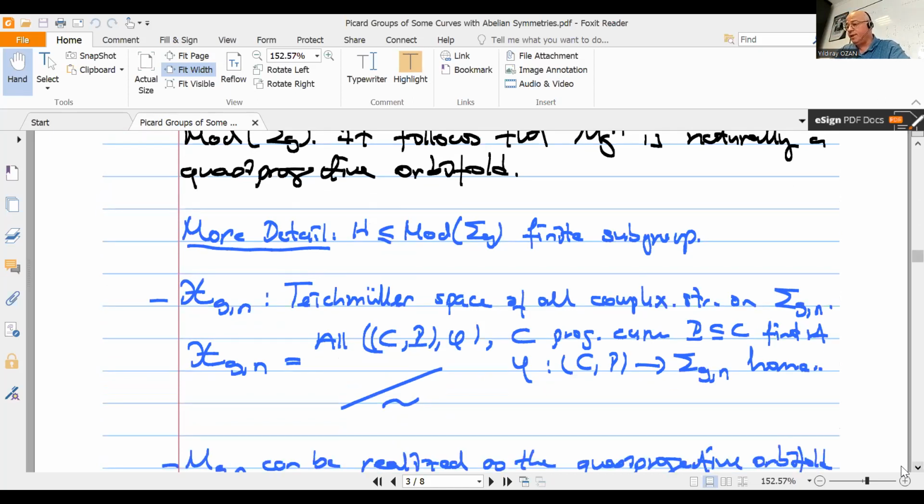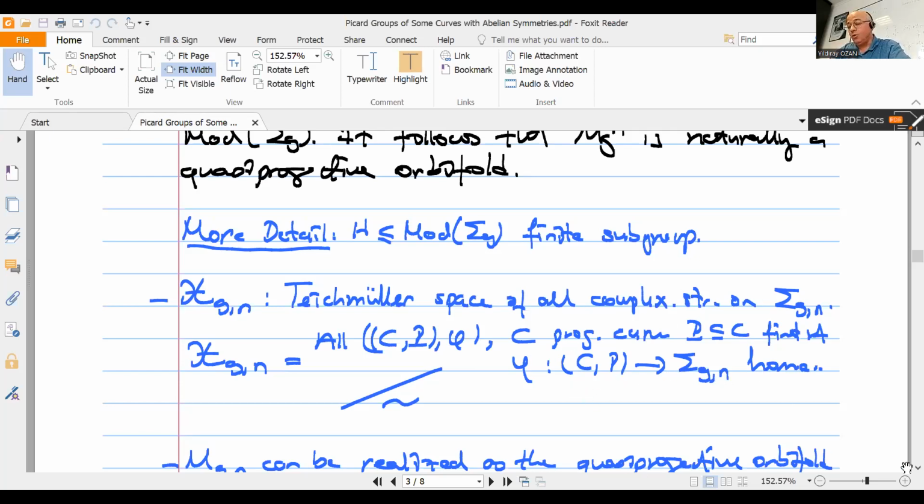There is more detail here. There's another construction using Teichmüller theory. You consider all projective curves C with a subset, so that all these curves with this subset are homeomorphic to our fixed surface, and this set of points is mapped to our branch points.